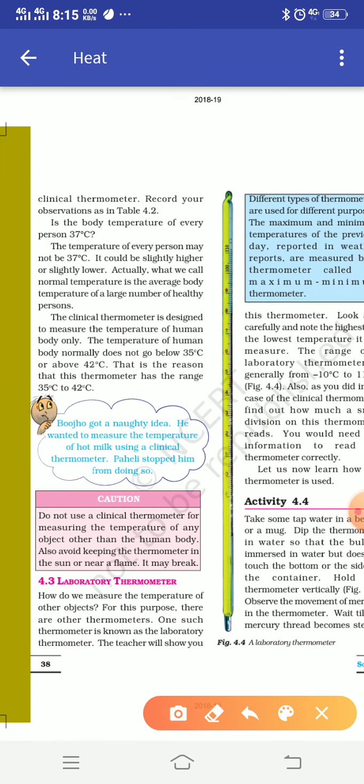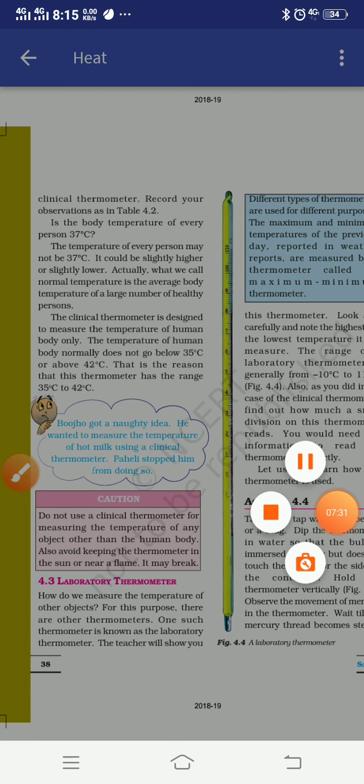The clinical thermometer is designed to measure the temperature of the human body. The temperature of the human body normally does not go below 35 or above 42. That is the reason the range is 35 to 42. A very important observation: the clinical thermometer is not less than 35 and not greater than 42.